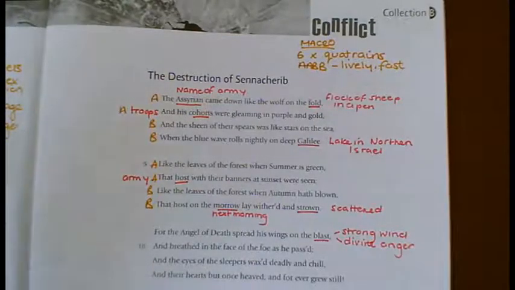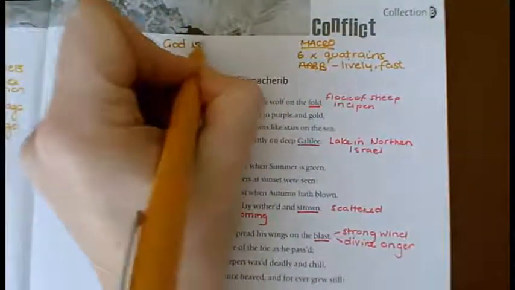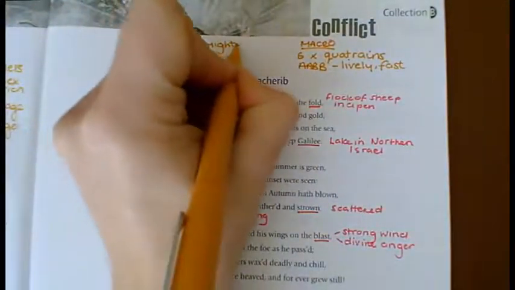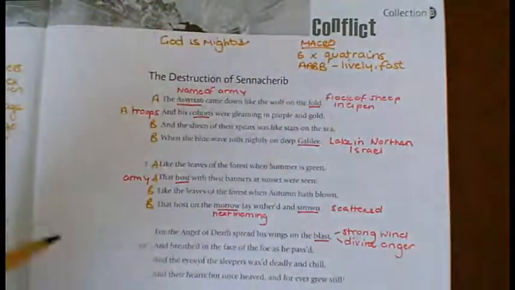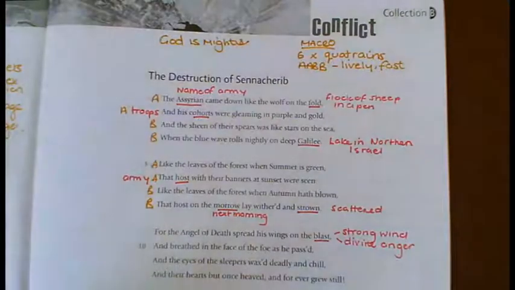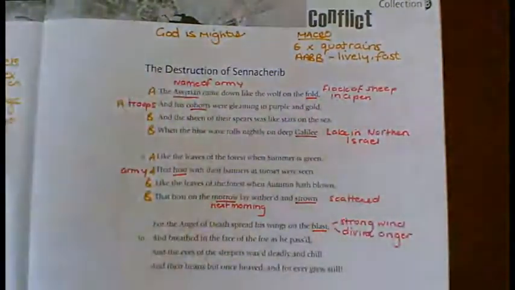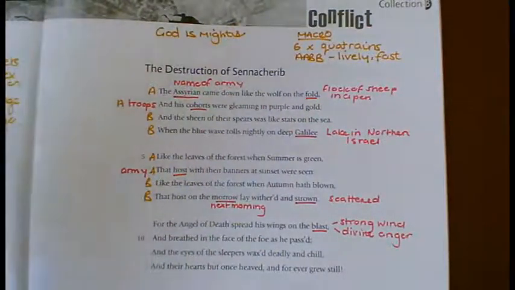Again, that links to his intention of this poem, which is God is mightier. So I'm going to pop that at the top. So again, maybe the lyrical quality to it is the fact that it's speedy, it's fast, God is in control the whole time. And we see that in the chronology, we see that in the ongoing structure that is there.